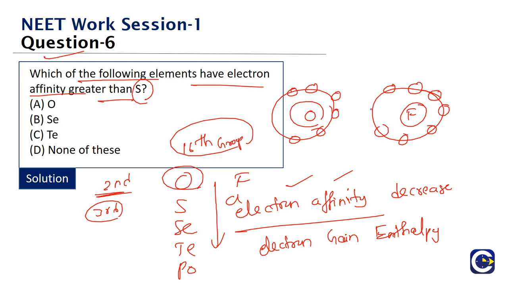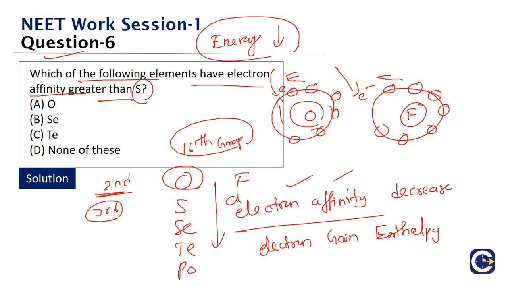Due to the small size of these second period elements, the incoming electron will experience repulsive forces from the existing electrons.